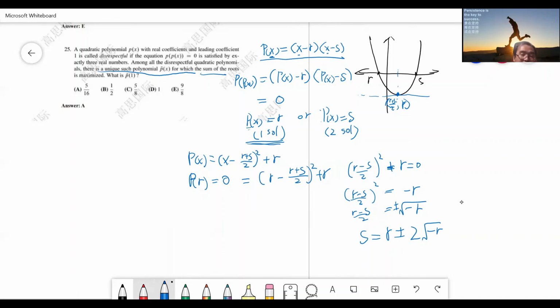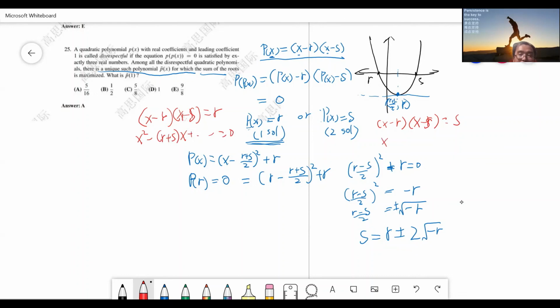Within the first one, that's basically (x minus r) times (x minus s) equal to r. So this is going to be (x minus r) times (x minus s) equal to s, right? So if you expand this, it gives us x squared minus (r plus s)x with the remaining part equal to 0.